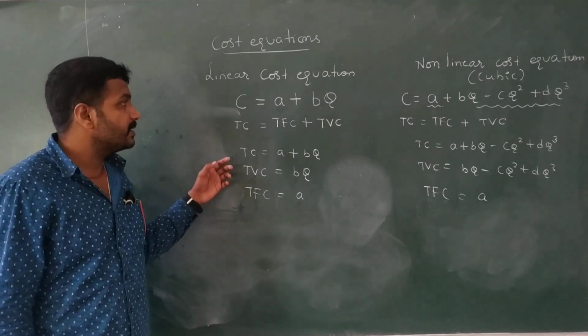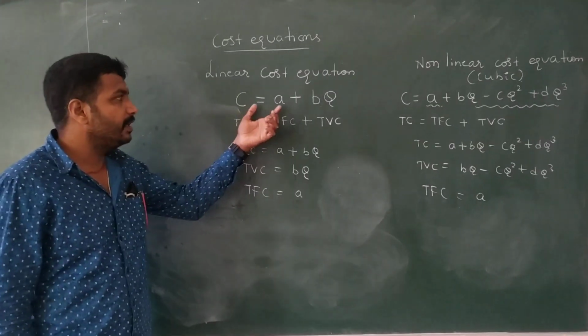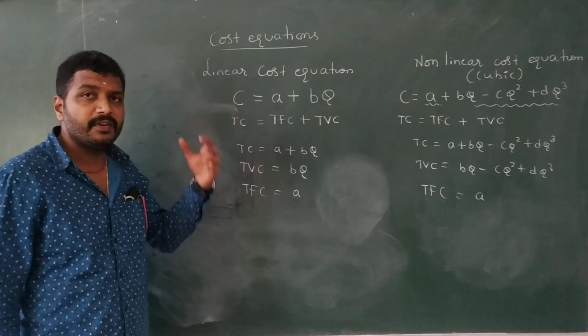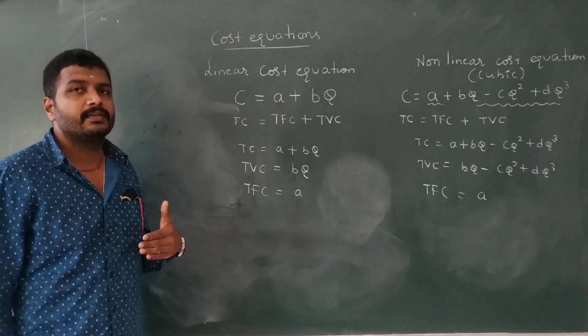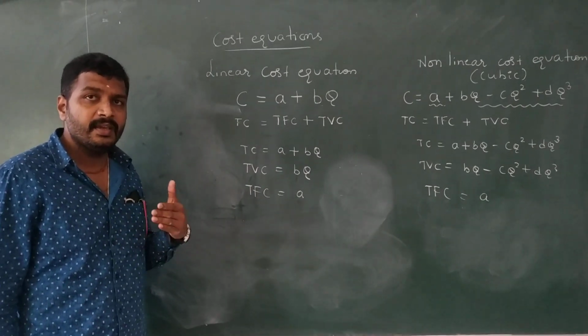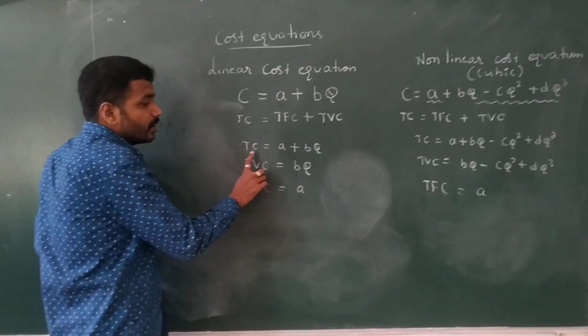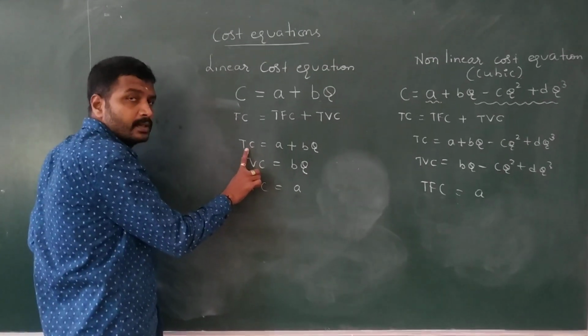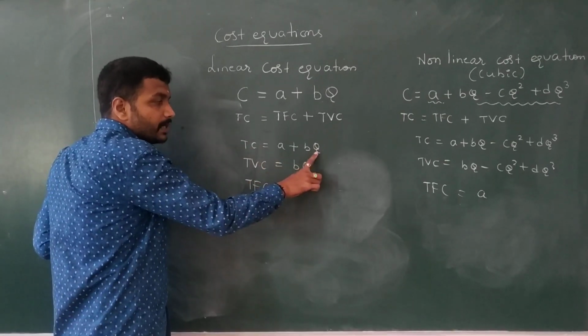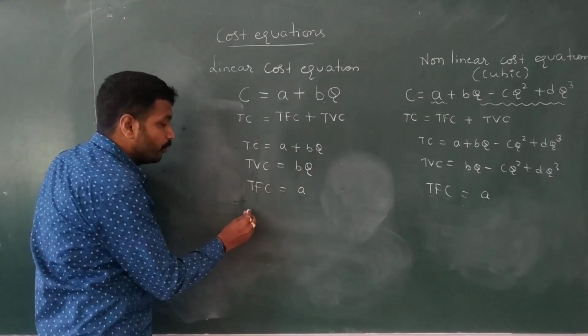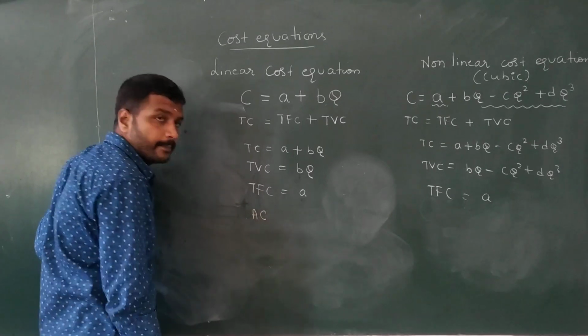We will consider the linear cost equation and we will derive AC, AVC, AFC, MC. So the linear cost equation, that is TC is equal to A plus BQ. From this, now we will derive AC.